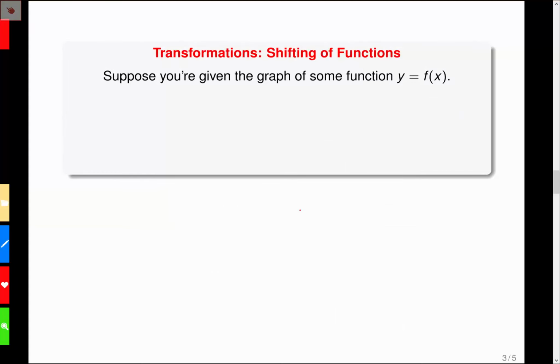It goes like this. Suppose you're given the graph of some function whose rule is given by y equals f of x. In practice, you would hope that this is a fairly simple function that you can sketch without much trouble. We're then going to make two small modifications to the formula. The first of which is to replace x wherever it occurs in the formula with x minus a constant, say k.